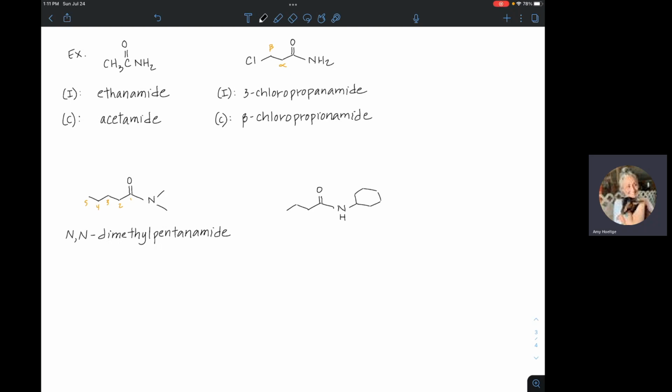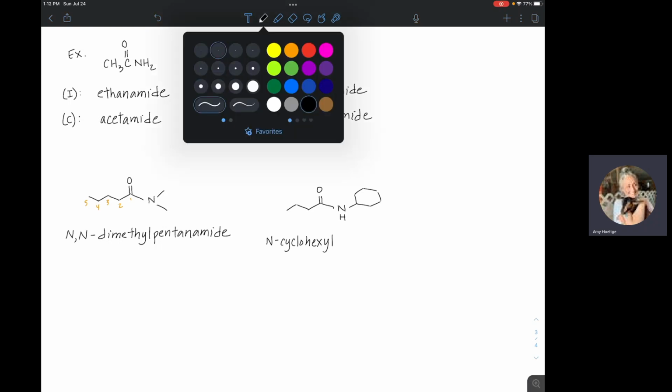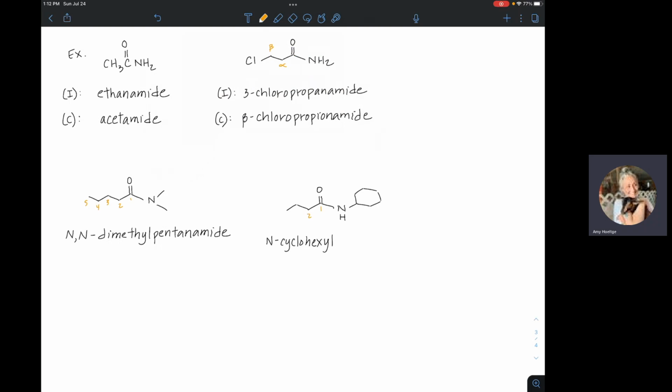We don't very often use rings as substituents, but we can right now. You want to tell somebody that you have a cyclohexyl group on the nitrogen, so it's N-cyclohexyl. And in the parent compound, we have 1, 2, 3, 4 carbons. So that would have been butanoic acid or butyric acid.